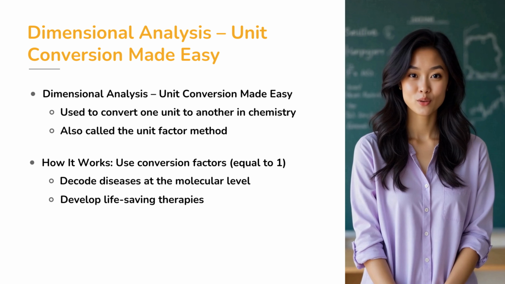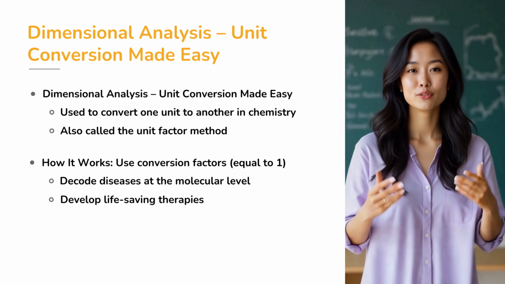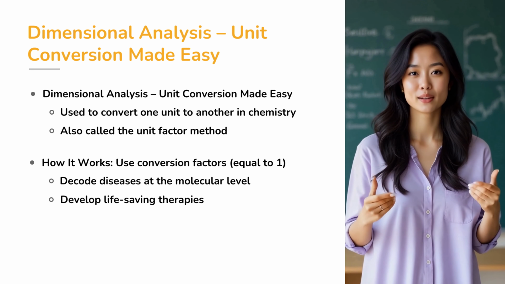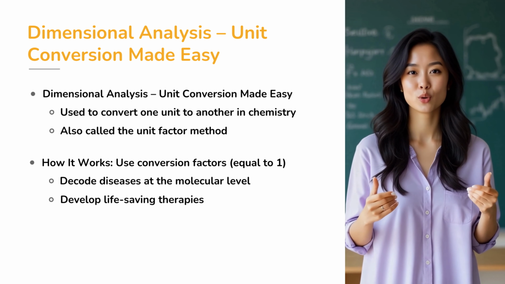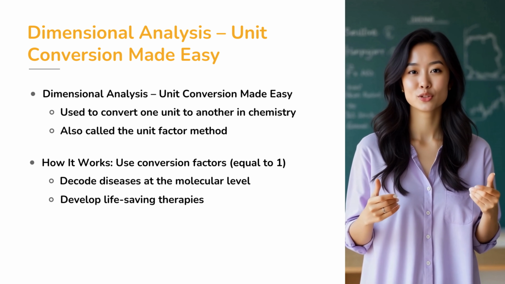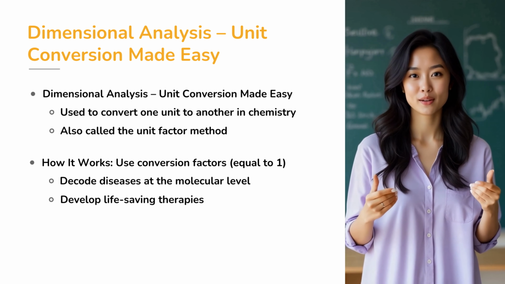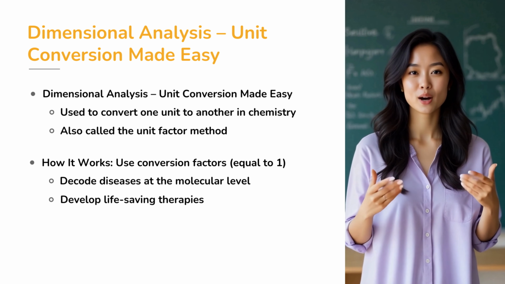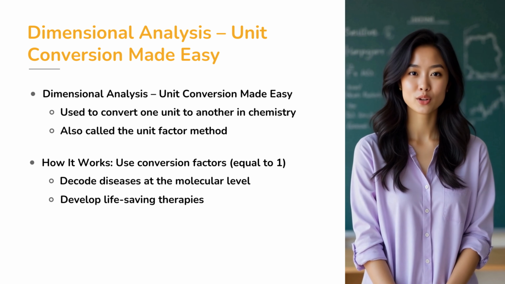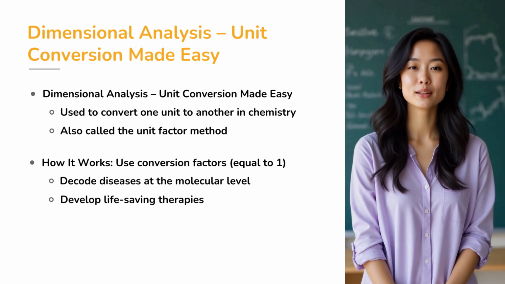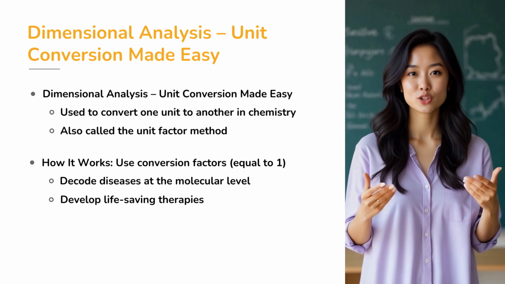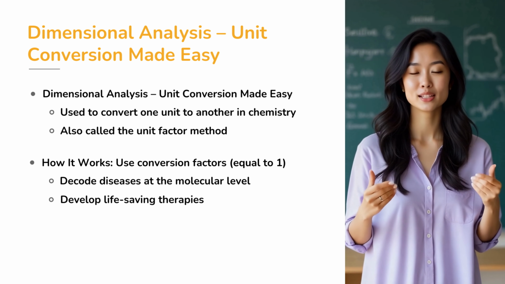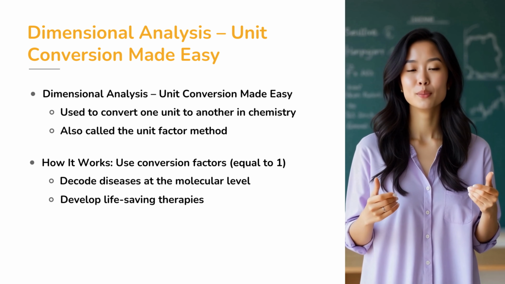For example, 1 inch is equal to 2.54 centimeters, so to convert 3 inches to centimeters, 3 times 2.54 is equal to 7.62 centimeters. Here's the cool part. Units behave just like numbers. You can multiply, divide, square, or even cancel them out as needed. It's like doing algebra with units, and it keeps your calculations clean, accurate, and universally understood.